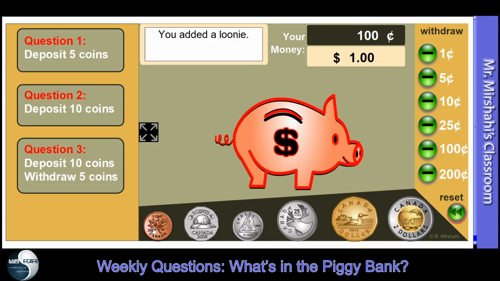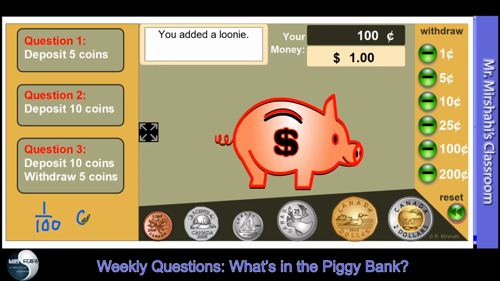Like, for example, a penny, and remember, pennies are not in circulation anymore. You can't use them for purchases. But the value of a penny is 1/100th. That's why we call it a cent. It's like 1% of $1.